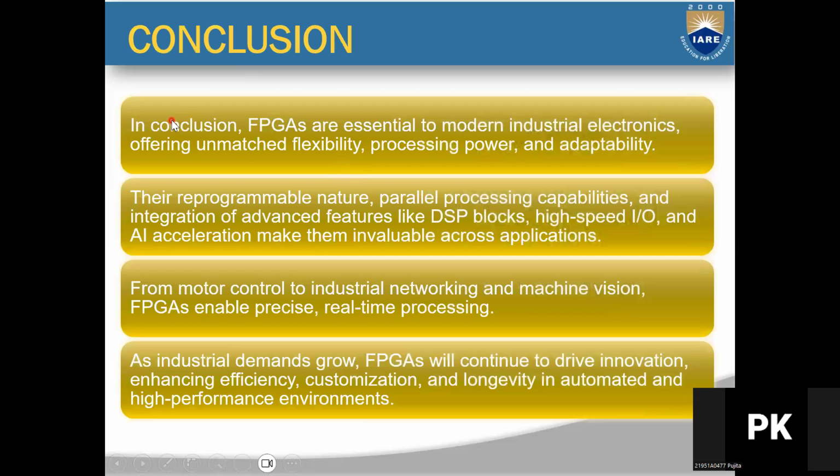So now I'm going to conclude our presentation with this slide. In conclusion, we see that FPGAs are essential to modern industrial electronics, offering unmatched flexibility, processing power, and adaptability. Their reprogrammable nature, parallel processing capabilities, and integration of advanced features like DSP blocks, high speed I/O, that is input and output, and AI acceleration, that is artificial intelligence acceleration, make them indispensable across applications.